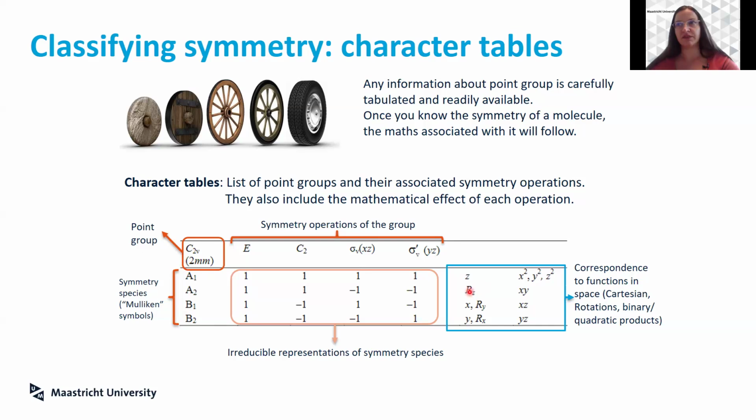So you can see that some of these are rotational, others are quadratic, and others are Cartesian. Okay? So this is how we build up this thing, but what does this actually mean? How do you get to a point in which a point group has a list of irreducible representations with a sequence of Mulliken symbols? Let's break it down one point after the other.